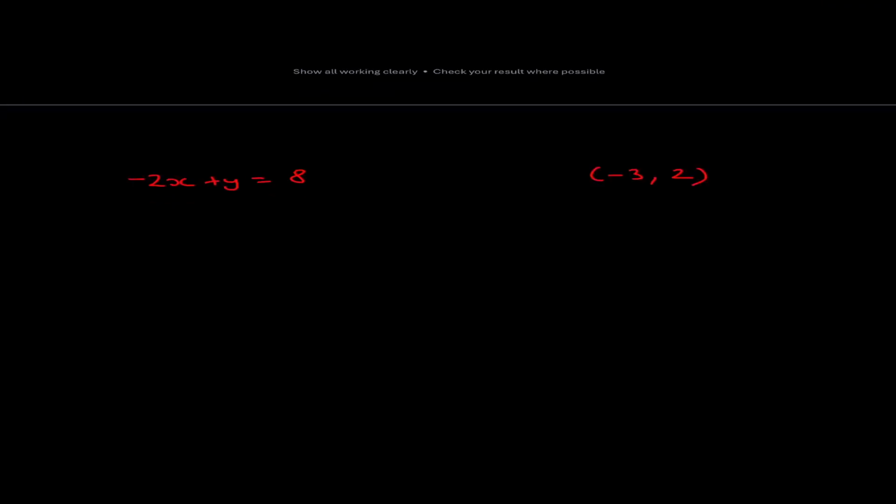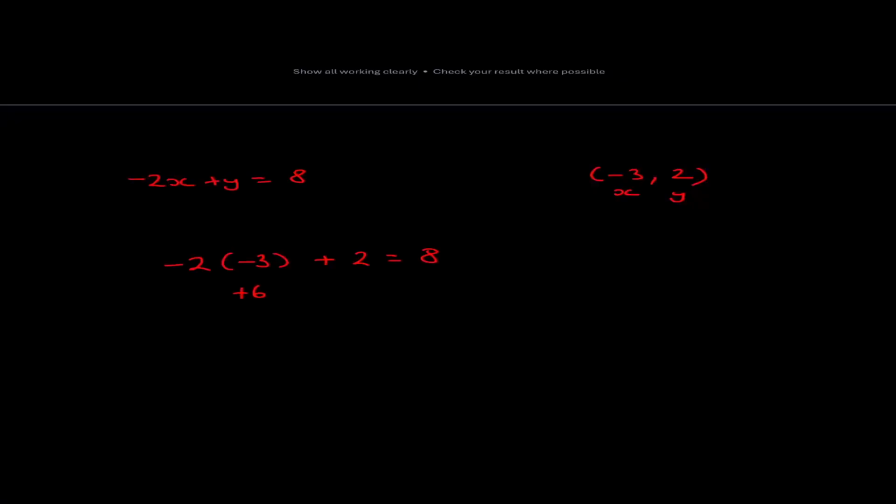So remember, we just need to substitute that in for x and that in for y. So we're going to write out my equation. Wherever I see x, I'm going to substitute -3. And wherever I see y, I need to substitute 2 in for y. And we want to know if that equals 8. Okay, -2 times -3 is positive 6.